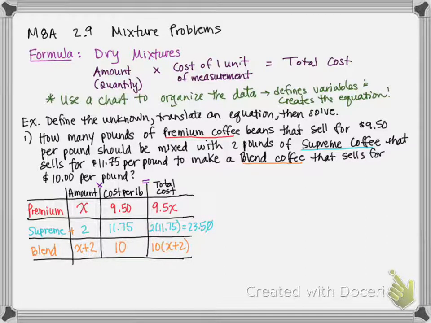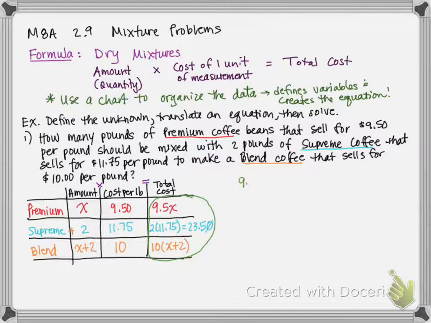So if I'm trying to figure out how to write an equation, it's actually already written for me. And you might say, what you talking about, Willis? What you want to do is look in the total cost column. That is your equation.